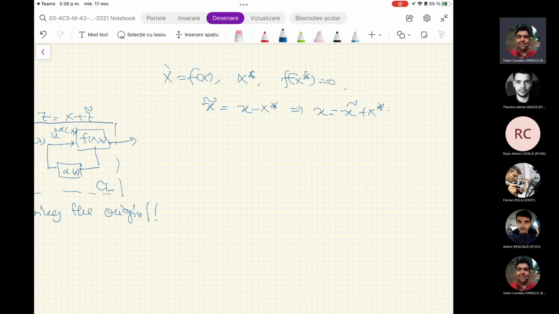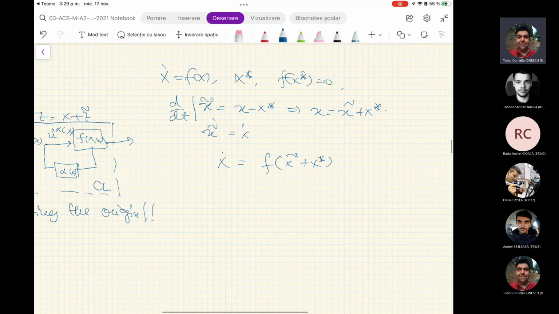Okay? And taking the time derivative, you have x tilde dot is x dot. So x dot is now f of x tilde plus x star in the new variable, and you call this f tilde of x tilde.